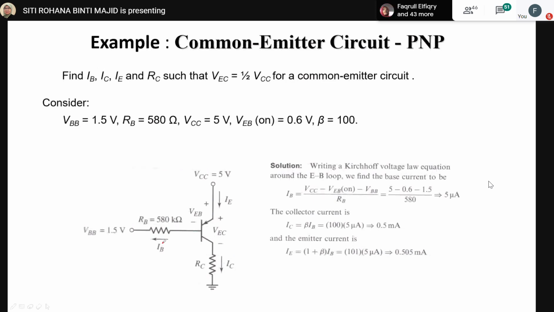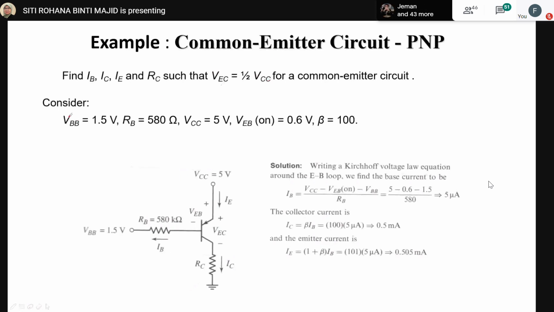But we can manipulate the question by putting, for example, another condition. In this example, we can put the condition when VEC is 0.5 of VCC.